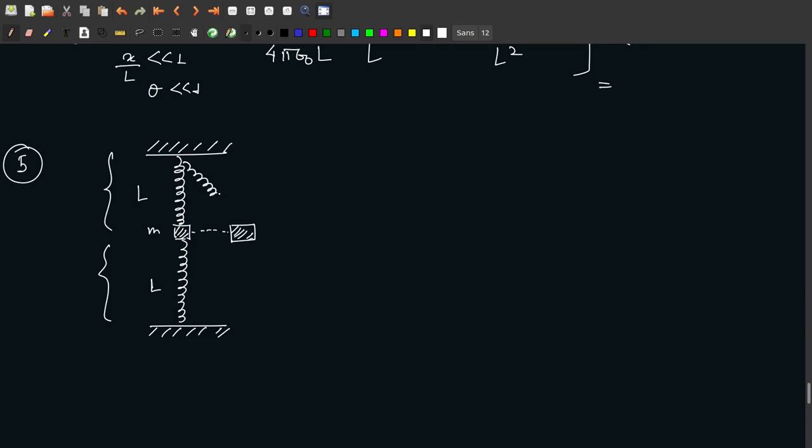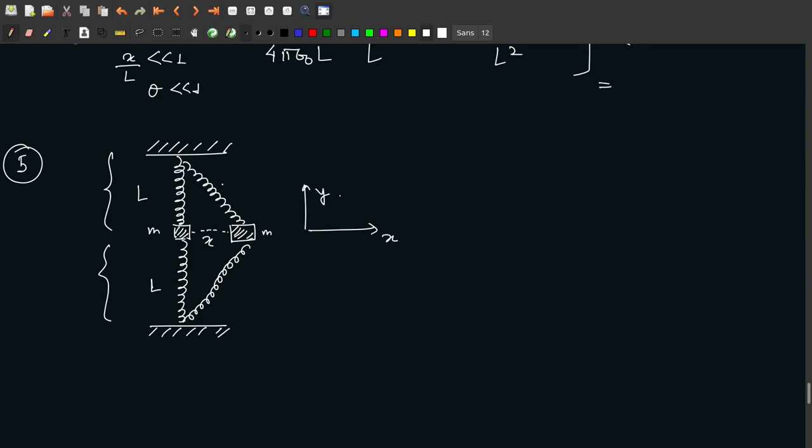That is why the springs will get elongated or extended, and you have to find out the extension in the spring from the mean equilibrium position. Okay, so this length is x, this is the same block of mass m, this is your x axis and this is your y axis. So you have to find out the potential energy of the block for this configuration.